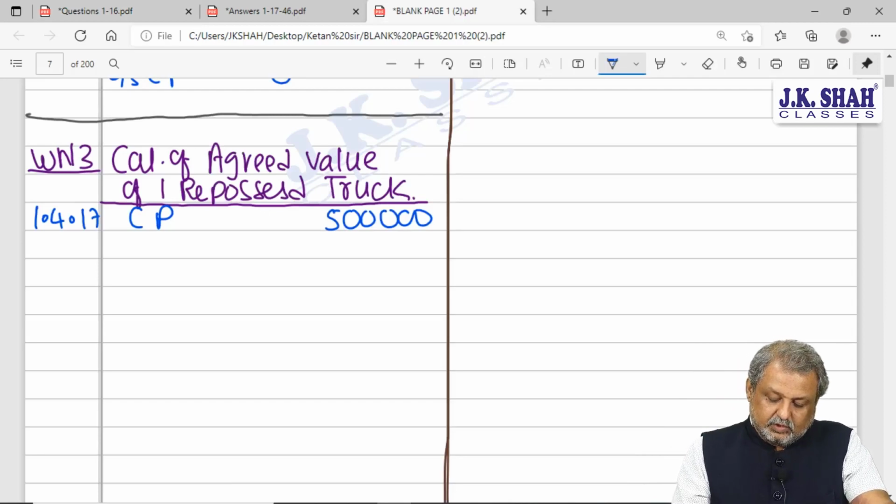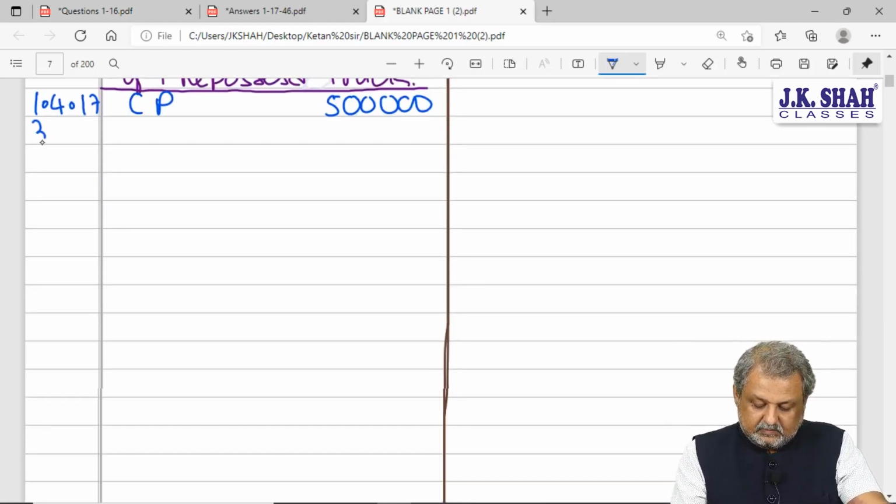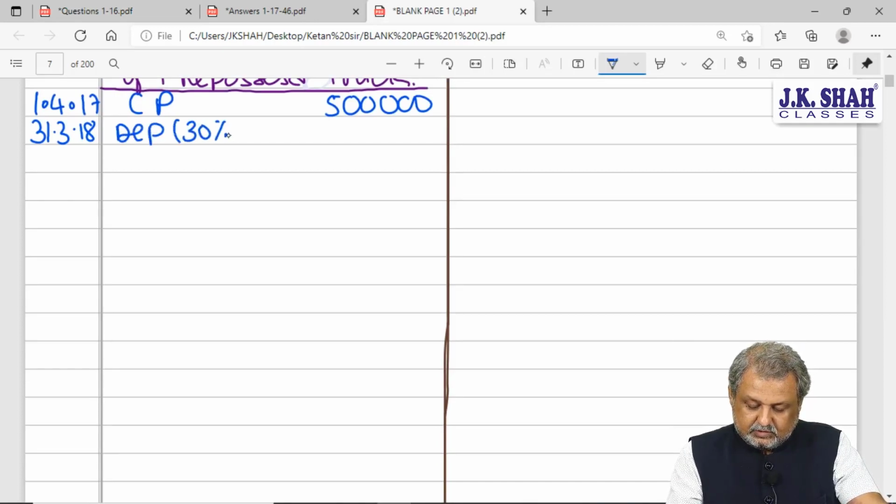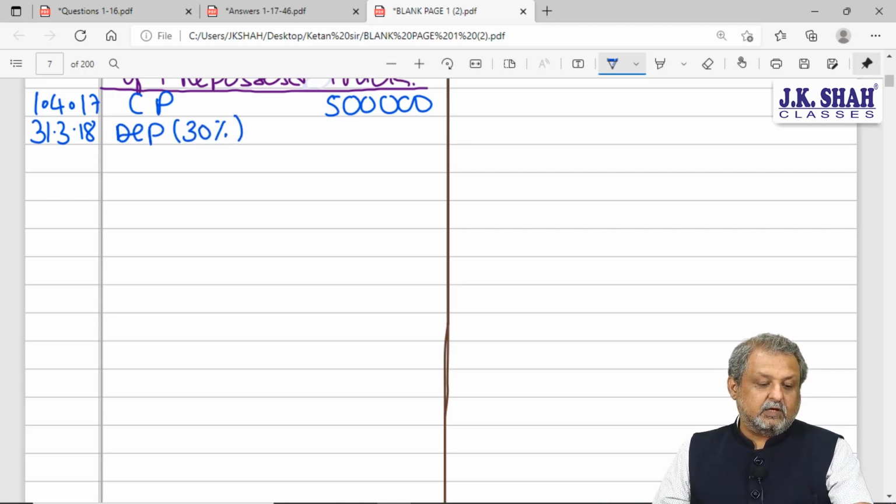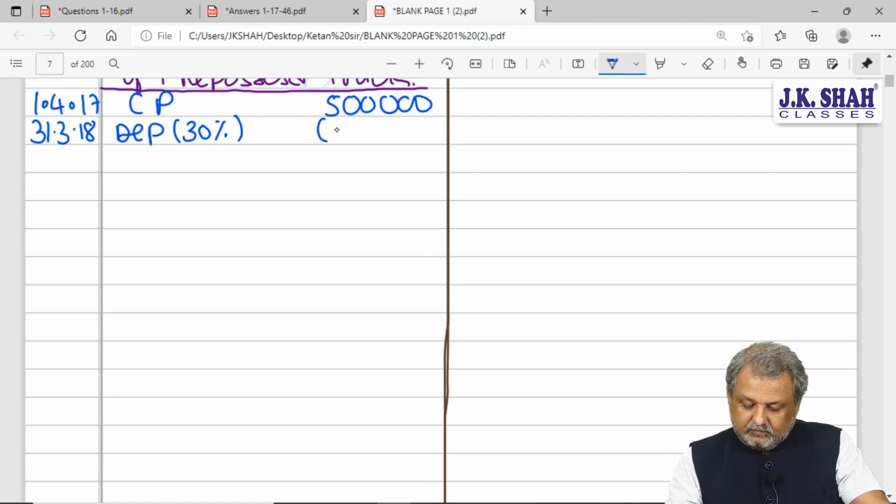So 31st March 18, depreciation 30%. So 5 lakhs into 30%, 1 lakh 50.